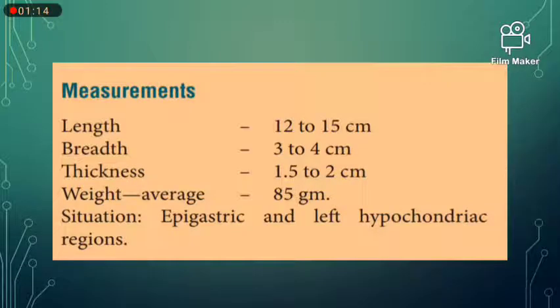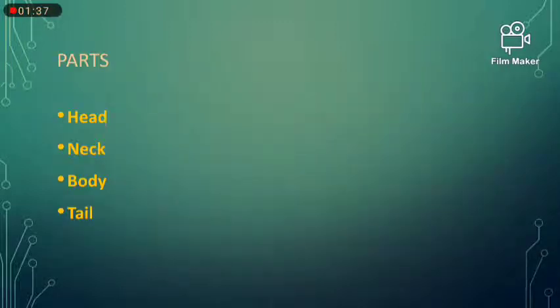Measurement: length is 12 to 15 centimeters, breadth is 3 to 4 centimeters, thickness is 1.5 to 2 centimeters. Average weight is 85 grams. Situation: epigastric and left hypochondriac region. It has four parts: head, neck, body and tail.